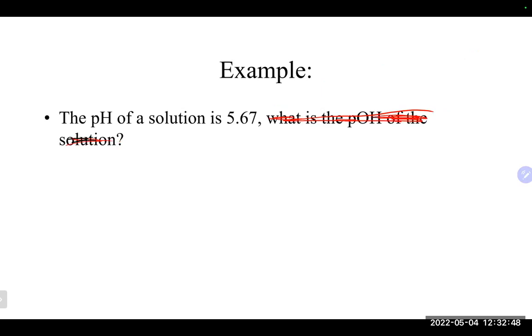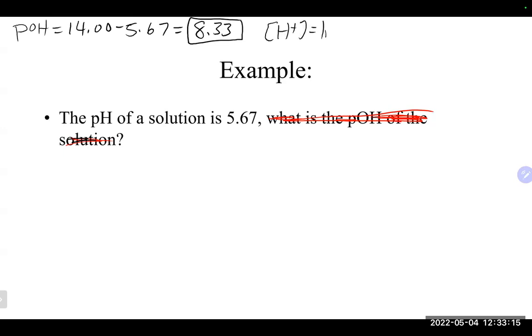The pH. So for me, I'm just going to get the pOH by subtracting from 14. That gives me a pOH here of 8.33. Now, once again, I do have the pH and the pOH, so we will do the H plus concentration equals our inverse log of the minus pH.